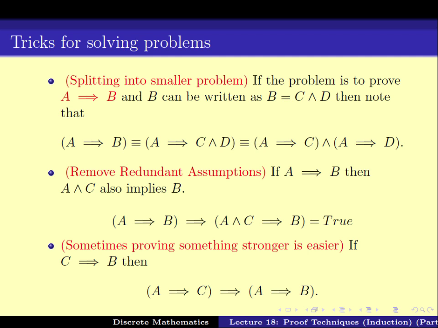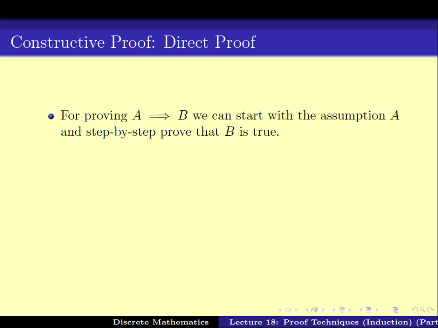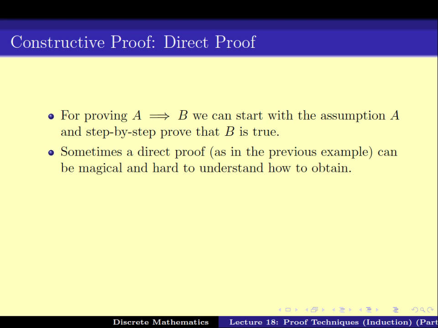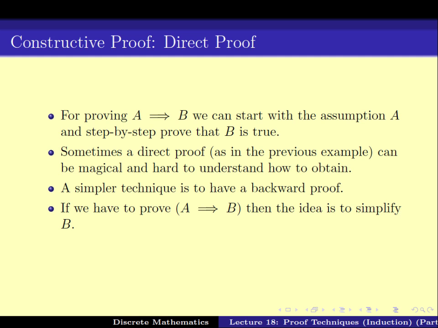In the different proof techniques, we have seen constructive proofs. Particularly, we have looked at direct proofs, where you work with A and end up proving B. While this can sometimes be magical, we can do a backward proof, namely first work with B, simplify it to some other form, say C, and then proving A implies C can be easier.